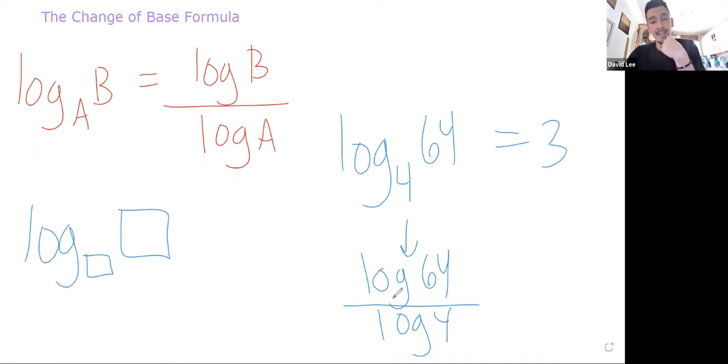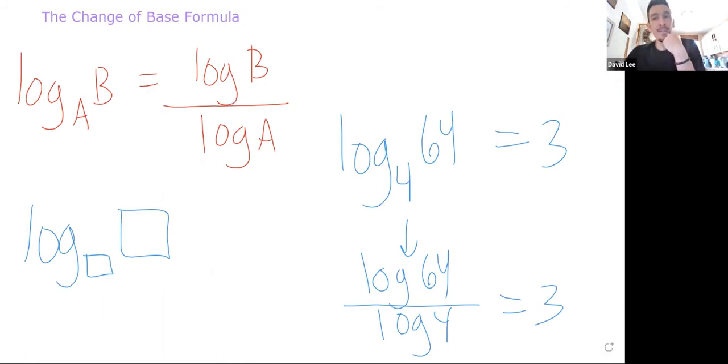So you just go log 64, hit equals, and then divide it by log 4, hit equals, and it'll say the same number, 3, right? You might have to turn your iPhone or your Droid sideways to see the log button, but it should be there. Even if you go to Dollar Tree and get a cheap little calculator, it'll more than likely have the log button. So this is called the change of base formula. If you can't type this in, type this instead, because they're equal.